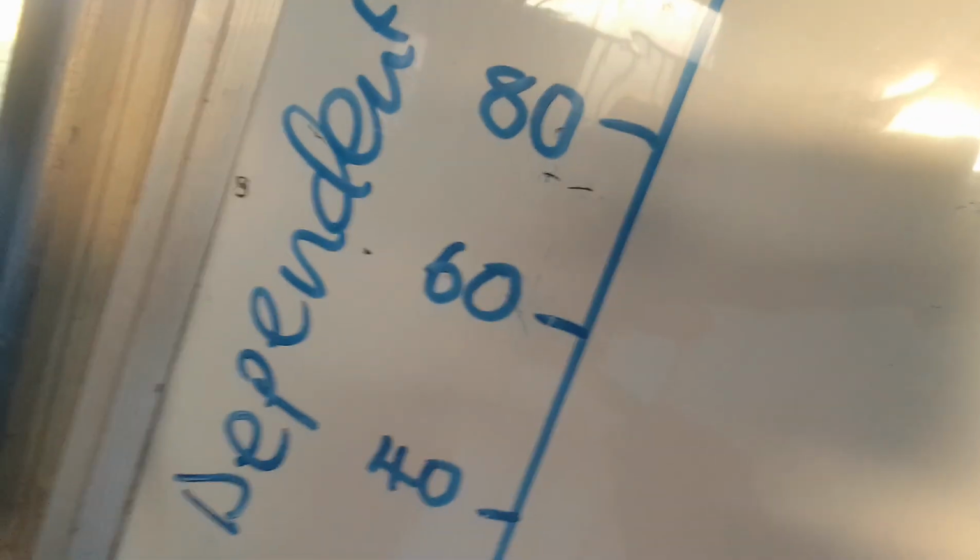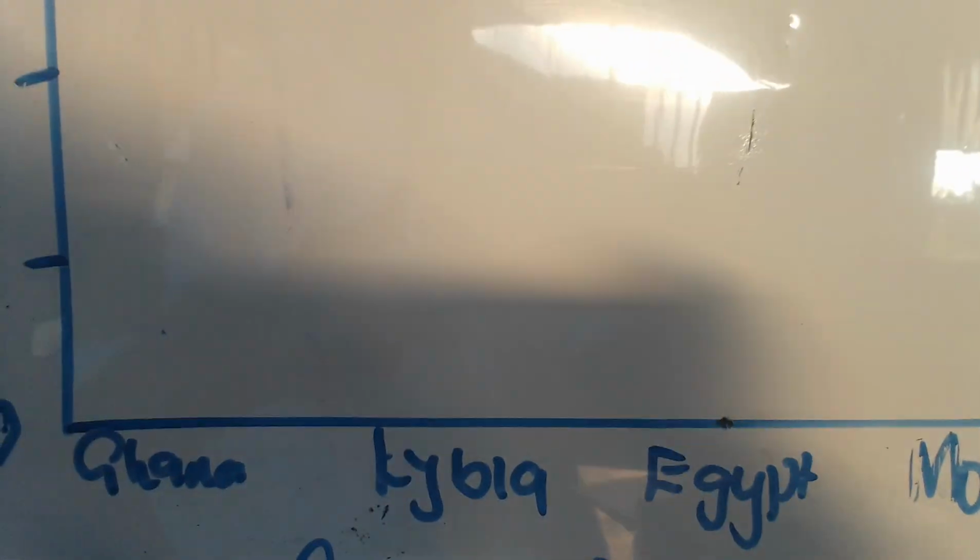That's the dependent variable. And the independent variables are the countries. Now let me show you how we draw the compound graph.